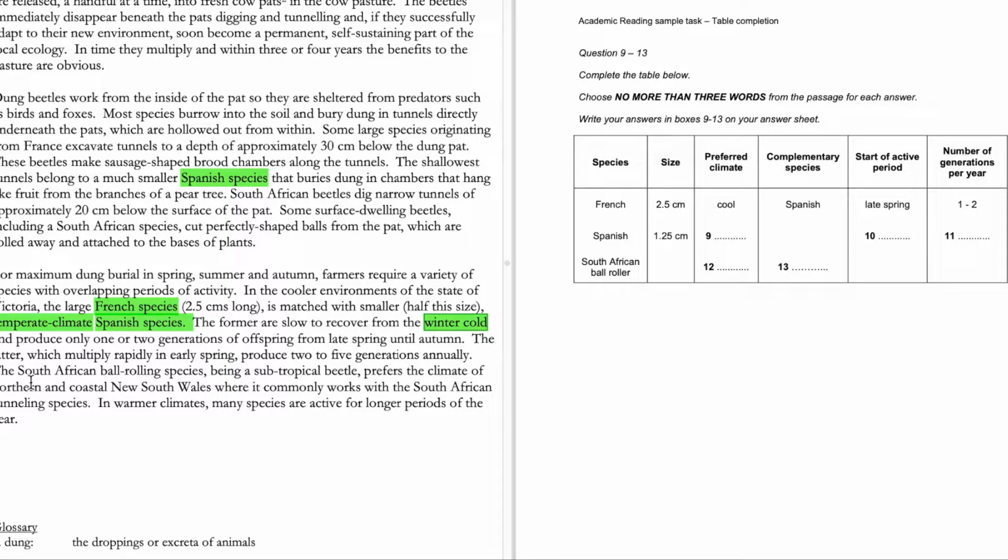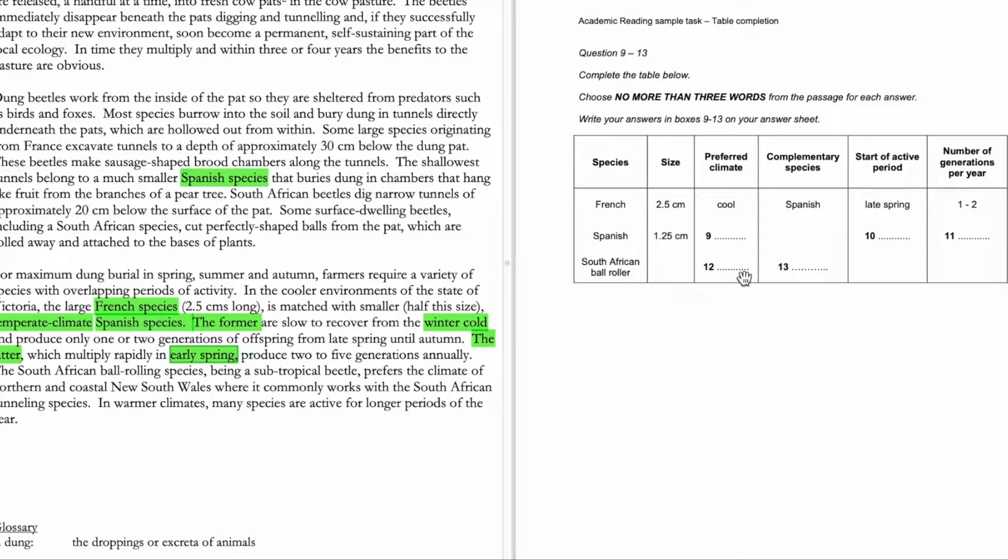The latter is gonna be related to this Spanish species, so we have to be very careful with that, not to get confused. They can use these tricks in order to confuse some students, so we have to be very careful with that. And they were saying about early spring, so they prefer to start an active life during early spring. So the answer to question number 10 is going to be early spring.